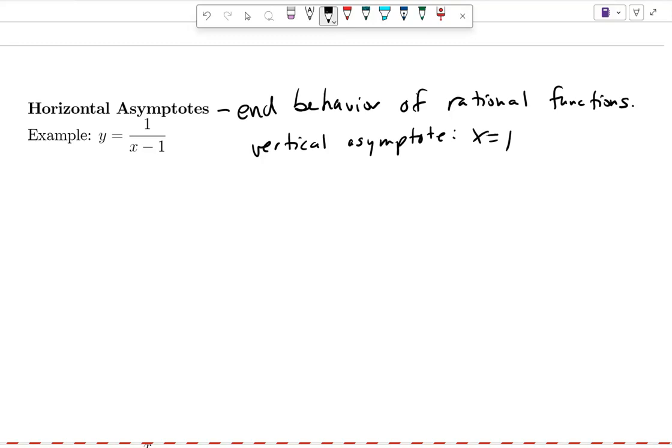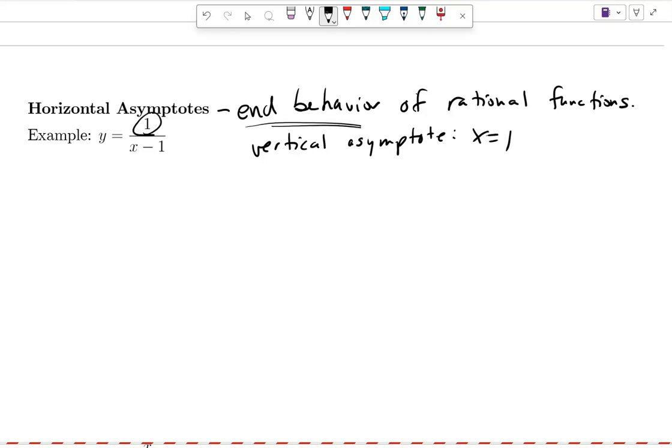Okay. But what about horizontal asymptote? Well, we're interested in end behavior for horizontal asymptotes. So again, what happens as x gets really, really big in the positive direction, and what happens as x gets really, really big in the negative direction? That's what end behavior is, right?